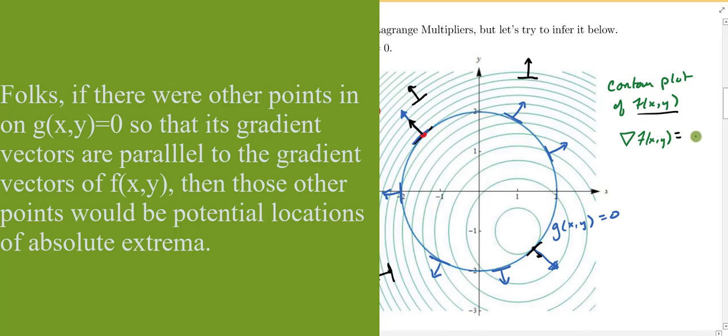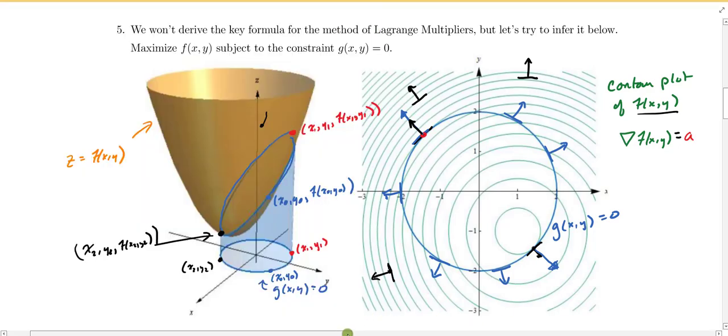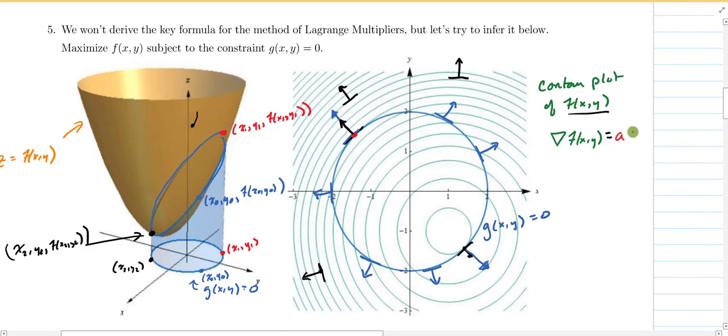It means that one is a scalar multiple of the other. So we'd have some scalar multiplied to the other. Remember that the gradient of f of xy is a vector, or a vector field in this case, and the gradient of g of xy also gives vectors, and we want those two vectors to be parallel, which means I need one to be a scalar multiple of the other.